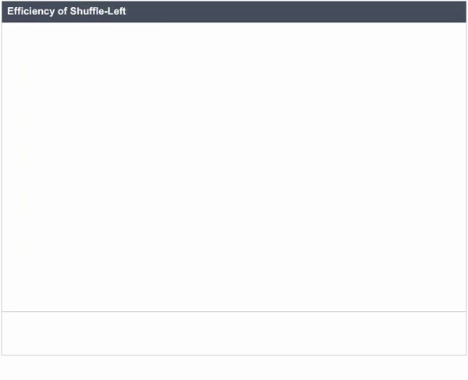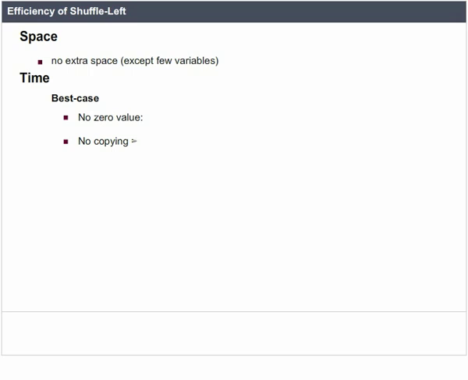Efficiency of shuffle left. Space: no extra space except a few variables. Time, best case: no zero value, no copying, which implies order of n, equal to O of n. Worst case: all zero values.